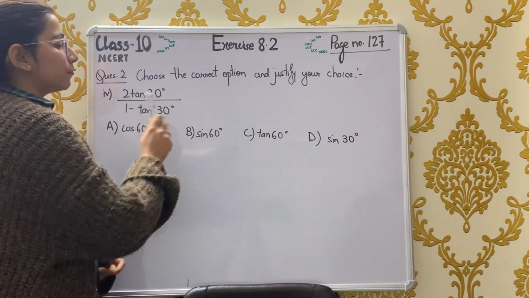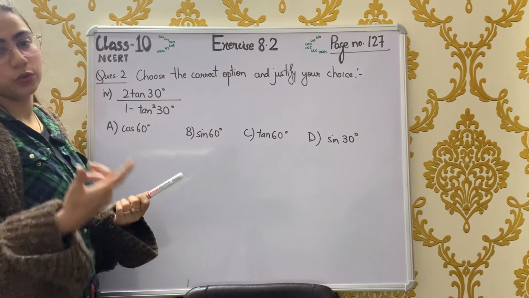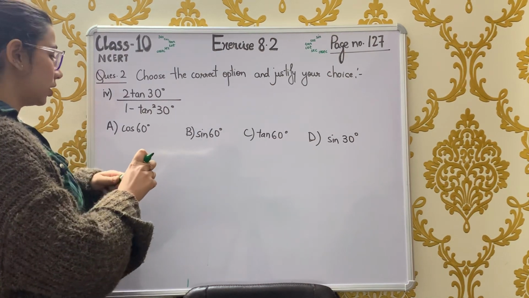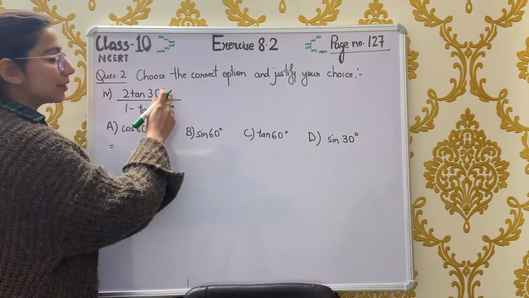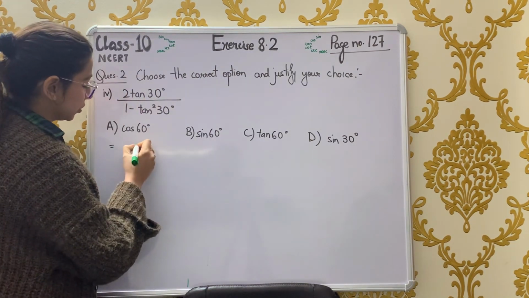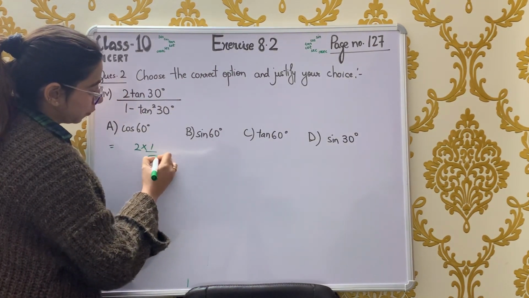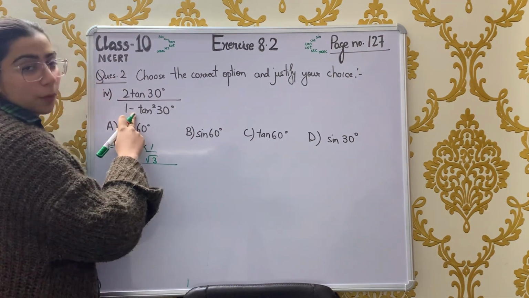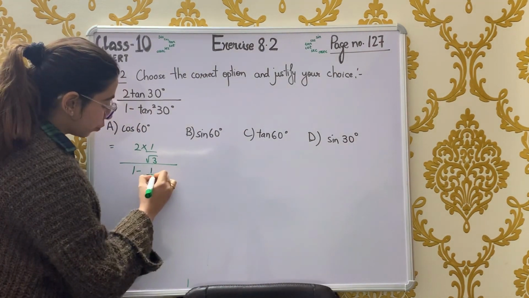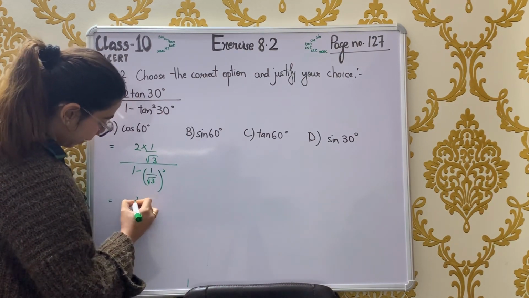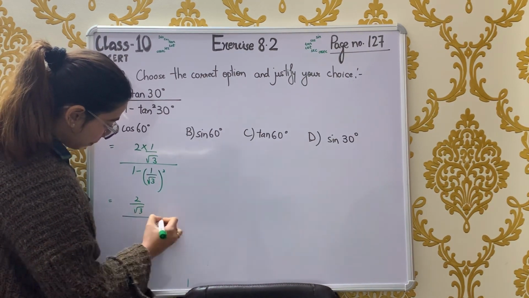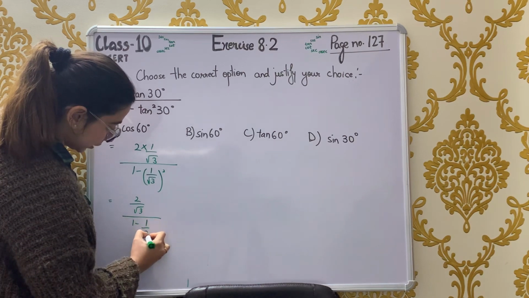Now, coming to fourth part, it is kind of similar to what we did in the first part. So let's start by putting the value of tan 30 in the question, and tan 30 is nothing but 1 by root 3. So numerator becomes 2 into 1 by root 3, and in the denominator it would be 1 minus (1 by root 3) whole square. That becomes 2 by root 3 upon 1 minus 1 by 3.